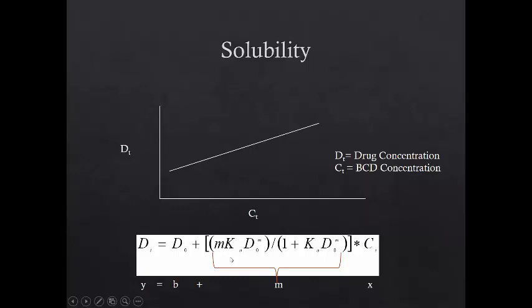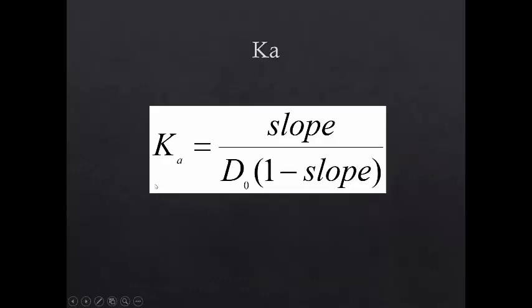The slope of our line is represented by this big whole equation, and our y-intercept, as we already determined, is our innate solubility. So this is the equation of the line that describes the relationship between our drug concentration and our beta-cyclodextrin concentration, and we're going to use this relationship to solve problems.